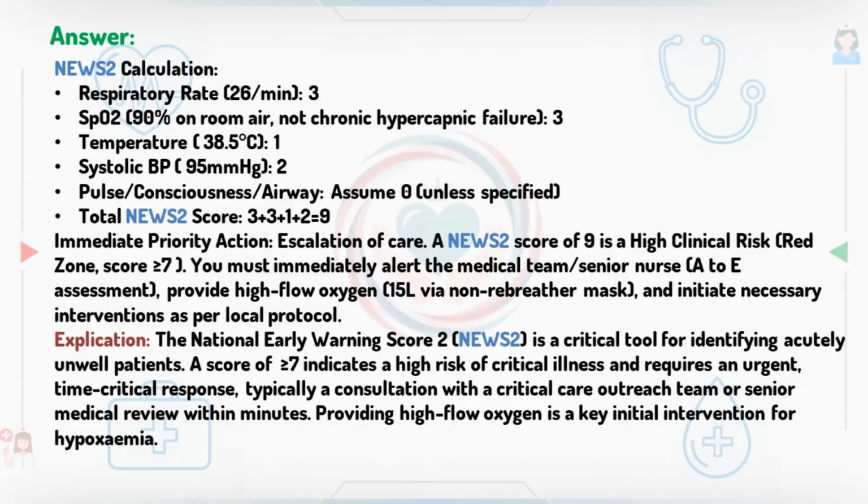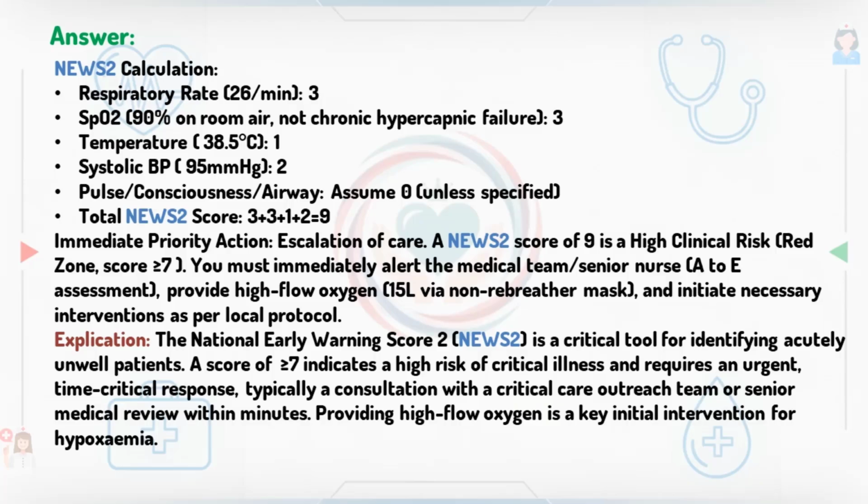Temperature 38.5 degrees C, 1. Systolic BP 95 millimeters, 2. Pulse, consciousness, airway, assume 0 unless specified. Total NEWS 2 score 3 + 3 + 1 + 2 = 9.